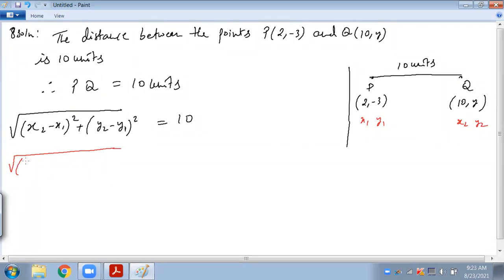X2 is 10 minus x1 is 2 whole square plus y2 is y minus y1 is minus 3. Okay, now still we have root on the left side. How to remove the root? We'll square both sides. We'll write squaring.